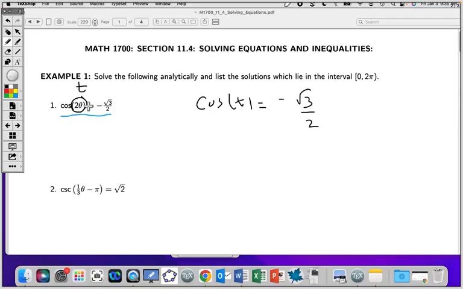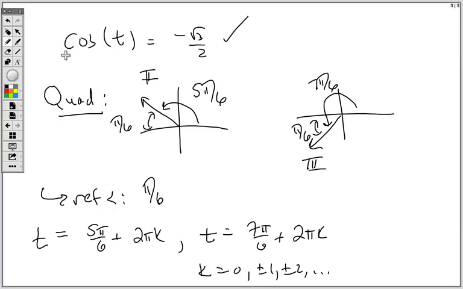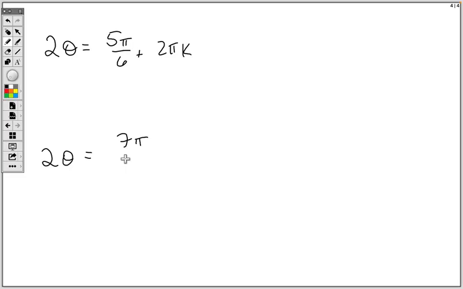The only difference is instead of a t in there, I've got a 2 theta. All that means is I've got 2 theta equal to this, or 2 theta equal to that. So I'd have 2 theta equal to 5 pi over 6 plus 2 pi k, or I'd have 2 theta equals 7 pi over 6 plus 2 pi k.